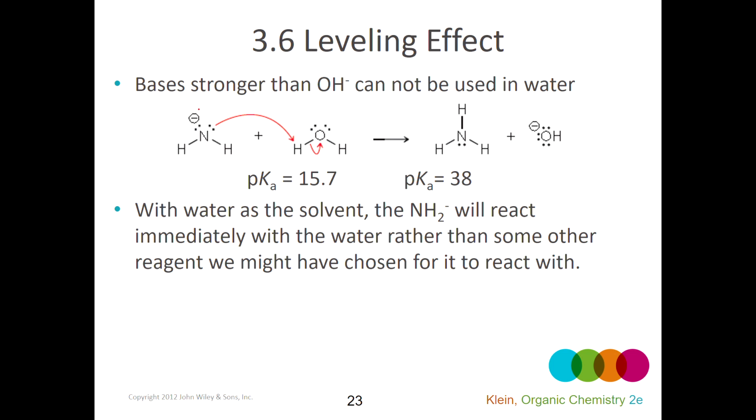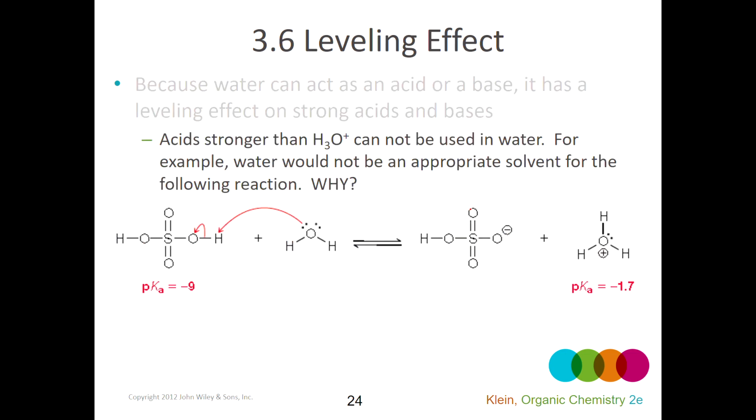If I want to use this compound to act as a base, I can't do it in water because it'll just react with the water, and then the base I'll really have around is OH-. I can't use sulfuric acid to react as an acid with some other compound if water is the solvent, because the water will pick off the proton.